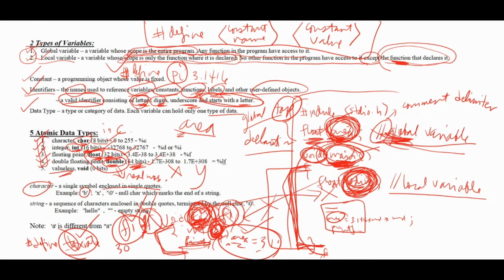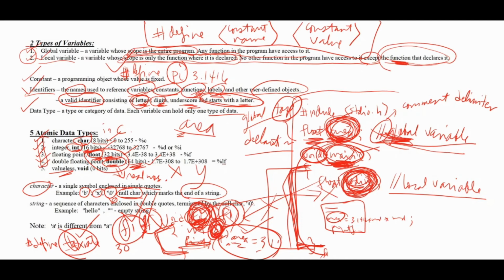So this is a character constant, a character value. You might be asking, why is this a character when it has two symbols, the backslash and zero? We call this the null character. Although there are two symbols, backslash and zero, it is considered a character, a null character, which marks the end of a string, which we're going to discuss soon.